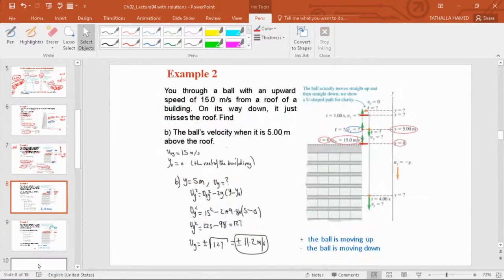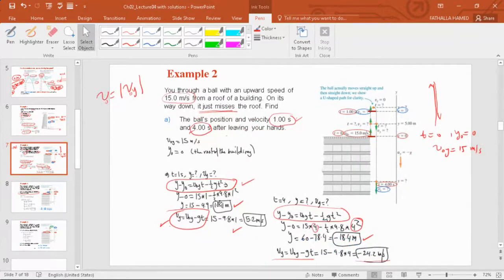Now, we're going to continue with the same example, but in this example, they ask you the ball's velocity when it is at 5 meters above the roof. You know that in the previous example, at 1 second you were at 10.1 meters above the roof.